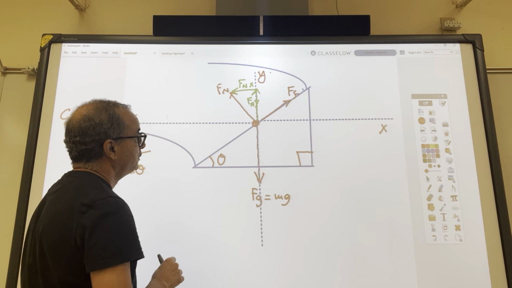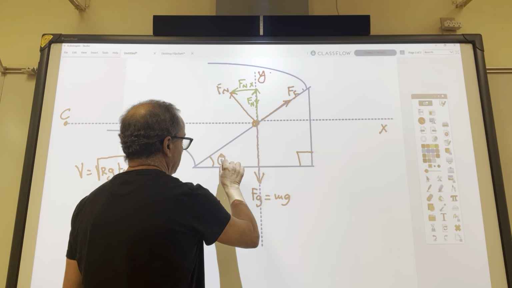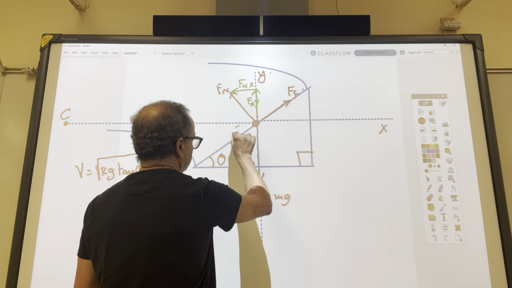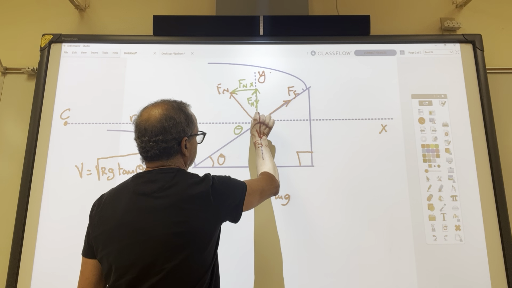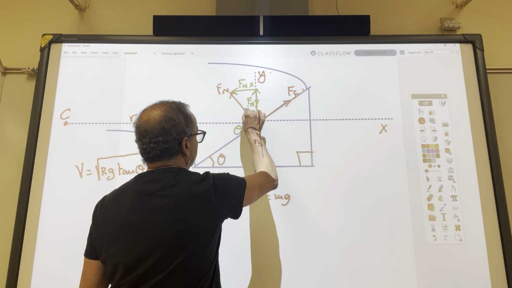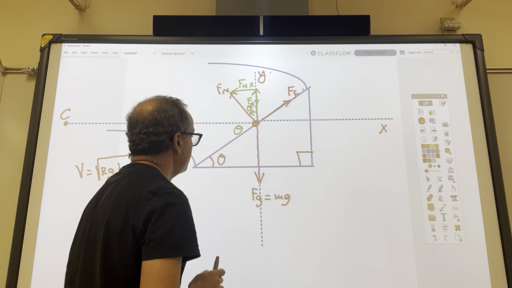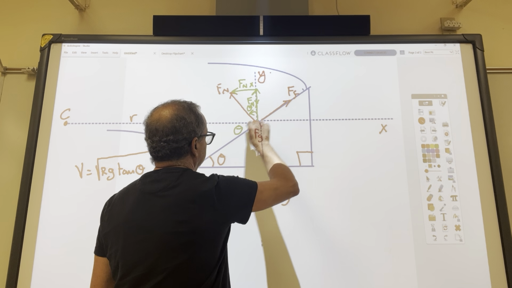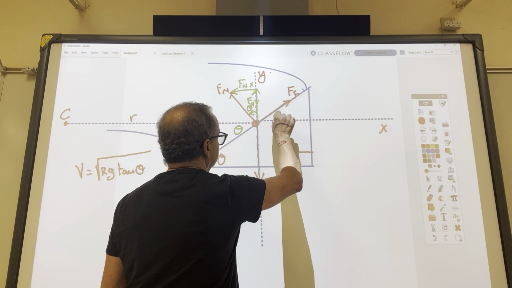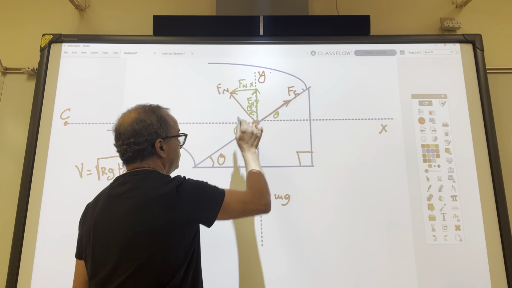Let's put in the angles. This is where the theta is. That means that it goes here, alternate interior angles, and now it's going to be over here. And the same thing here. This angle is a vertical angle to this one. Vertical angles are congruent.